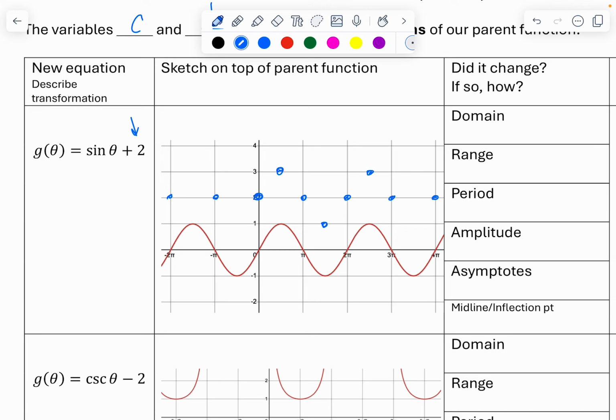What was at -1 goes to 1, since -1 plus 2 is equal to 1. I think this is here and then here. And so this is now our new curve. Okay, maybe not perfect, but I've done worse.